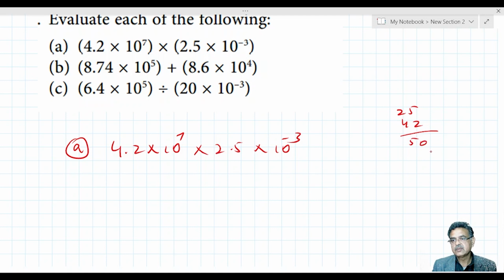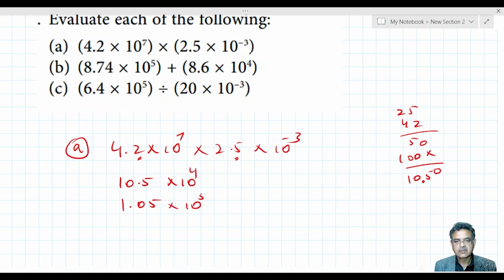This will be 50 and then it will be 100, 0, 5, 0, 1. Now there was one decimal place here and one decimal place here. We will leave two decimal places and it will be 10.5 into 10 to the power 7 minus 3, 4. 1.05 into 10 to the power 5. That is the answer.